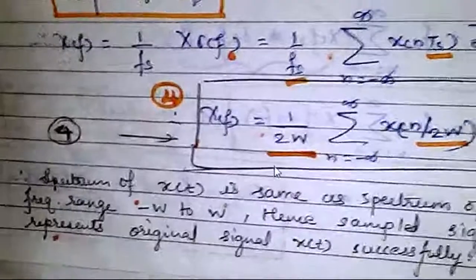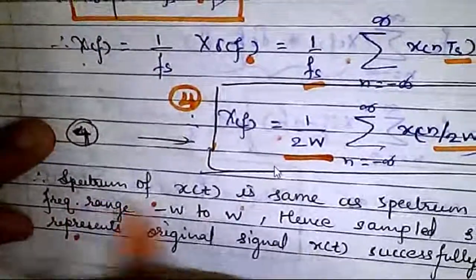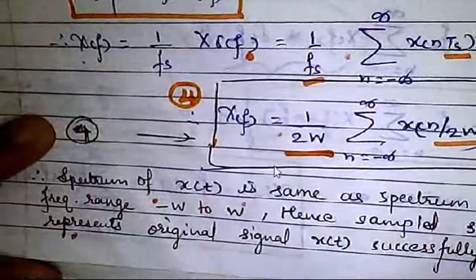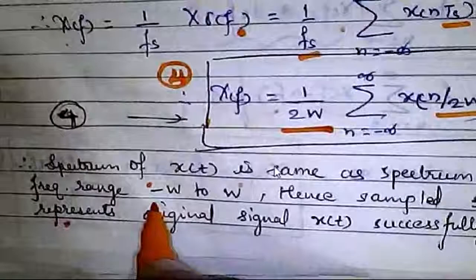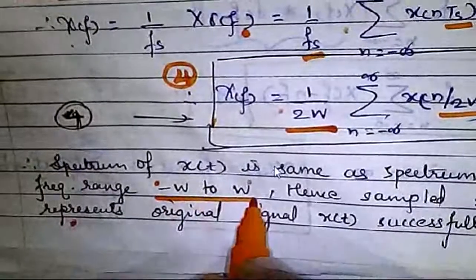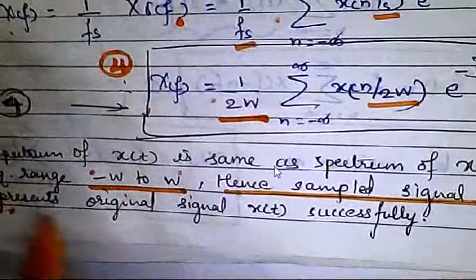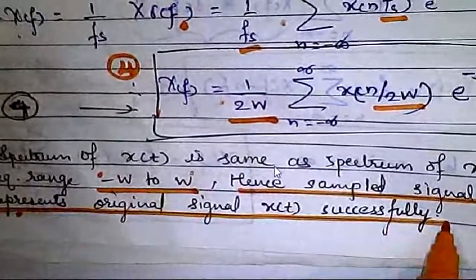Now from this we can easily conclude that the spectrum of x of t is the same as the spectrum of x delta of t in the frequency range minus W to plus W. Hence, the sampled signal represents the original signal x of t successfully.